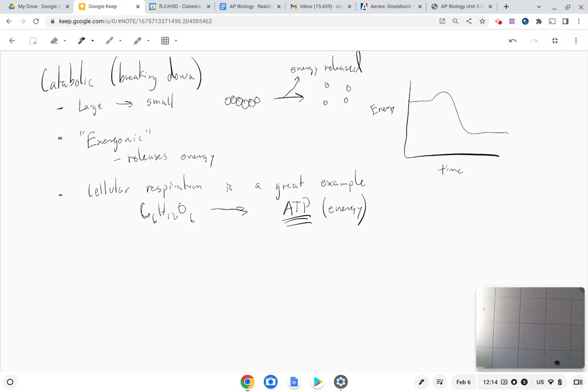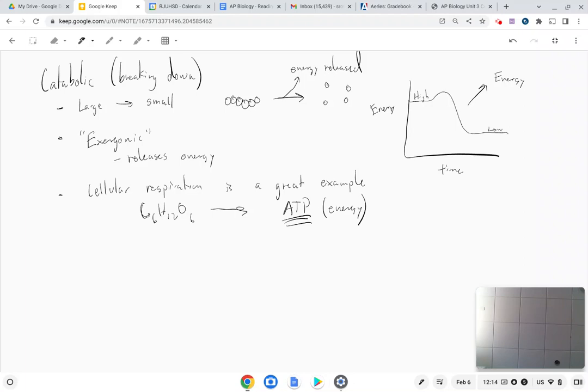And then you would end with a low state. So you got high to low. And what this means is that you've released energy by dropping down, right? By dropping from a high to a low energy state, that means that energy has been released.